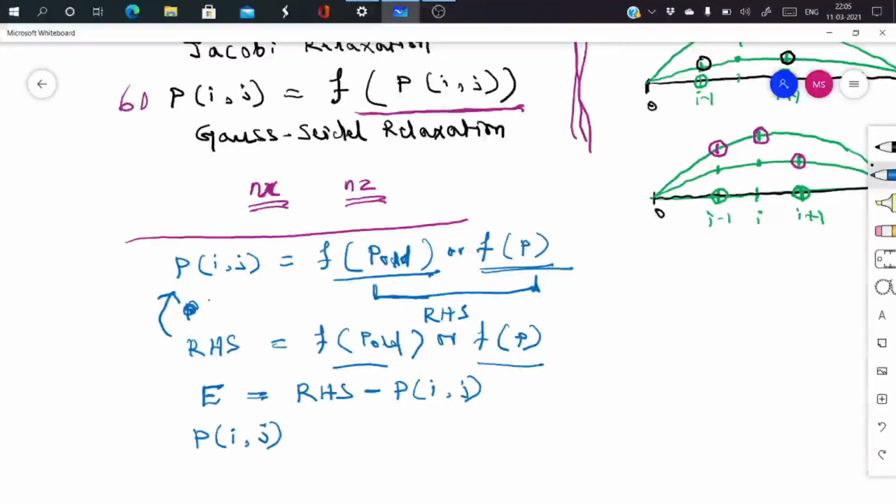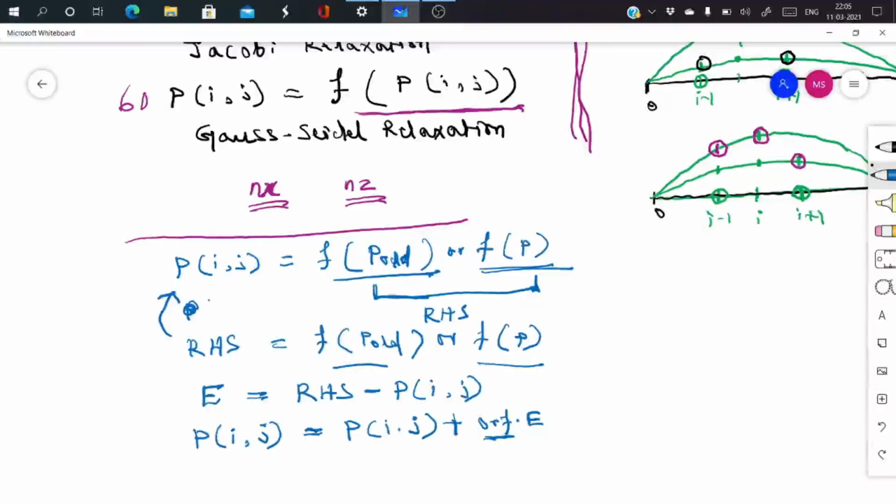Pij equal to this Pij plus ORF into E. This ORF is a variable.